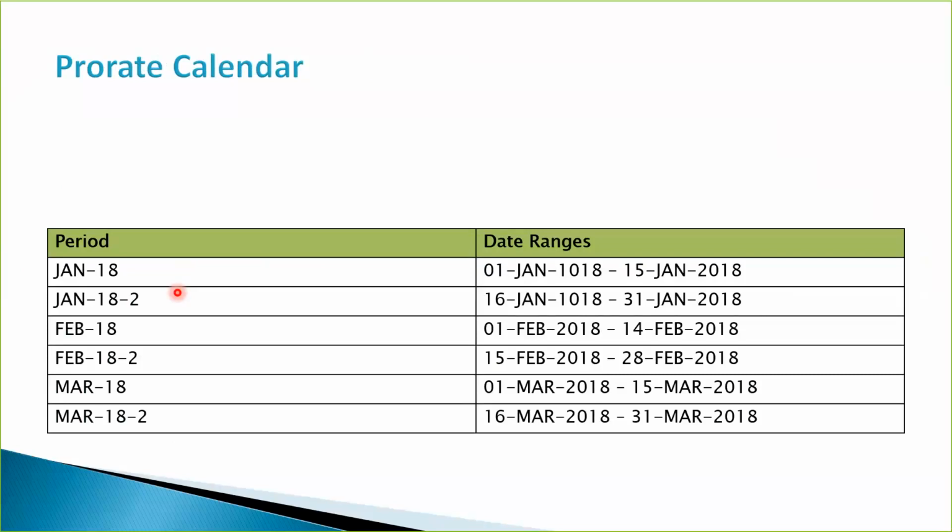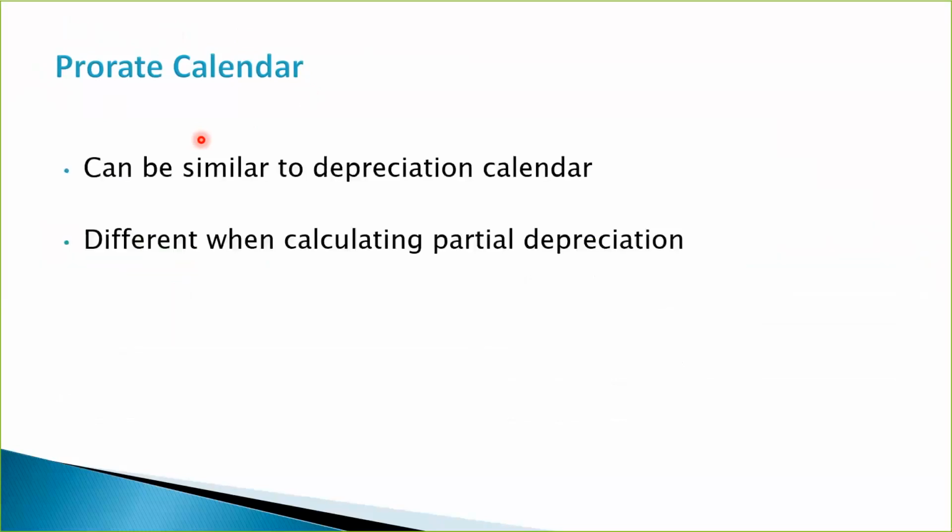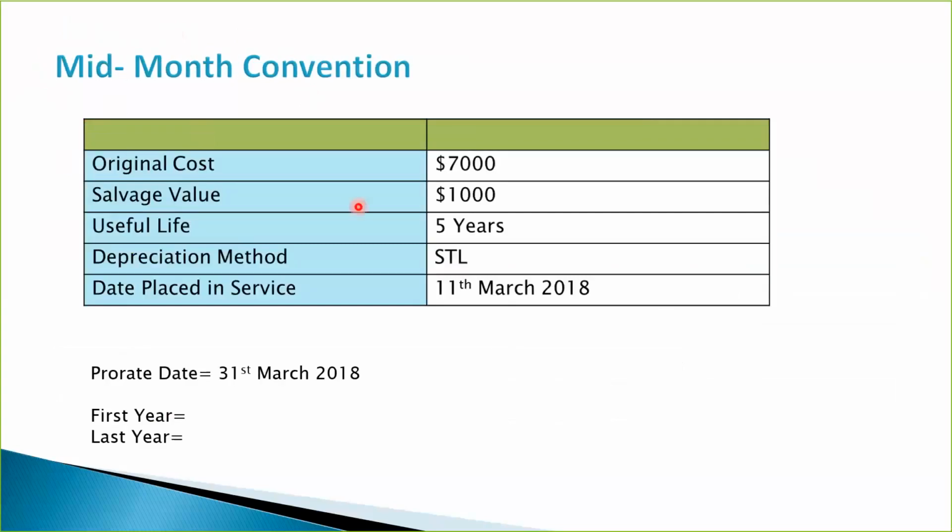So now I want us to combine this prorate calendar, working under the assumption that for all the other examples, we have been using the prorate calendar being the same as the depreciation calendar. But now the prorate calendar is different because we want to use the mid-month convention. So for our asset here, if we want to do mid-month convention, this is the date placed in service.